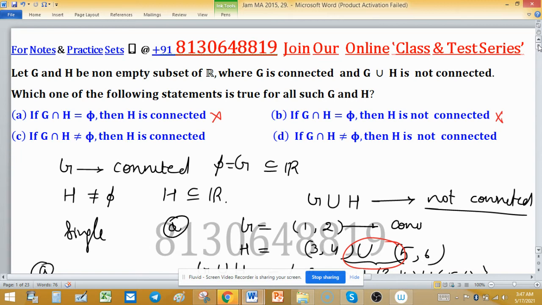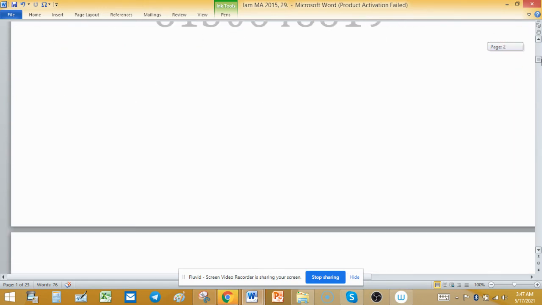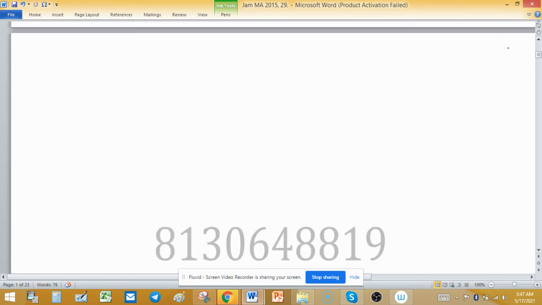Now we have to check options C and D. To check options C and D, the intersection must not be phi, meaning non-empty. So you can consider other examples. Because in the hypothesis G is connected, G is an interval of R, so it is connected.